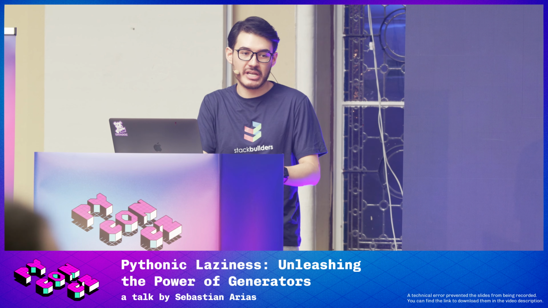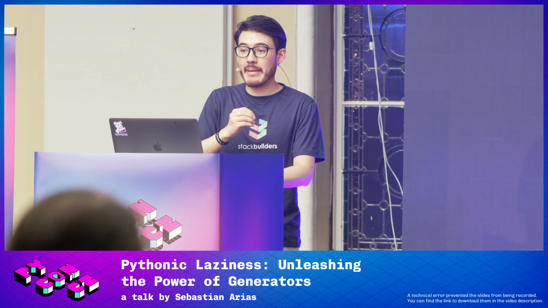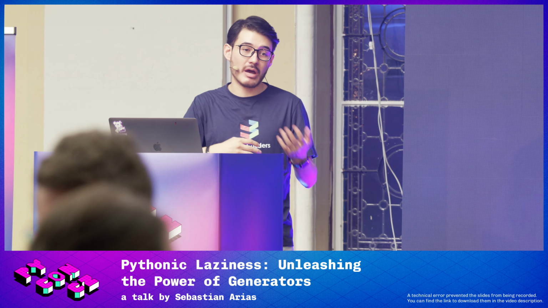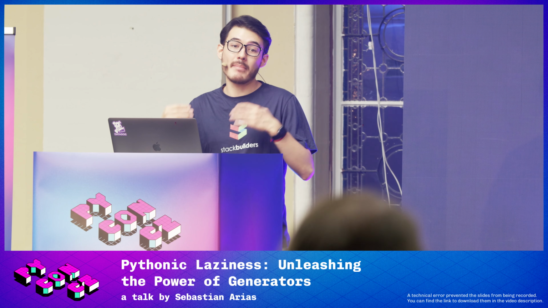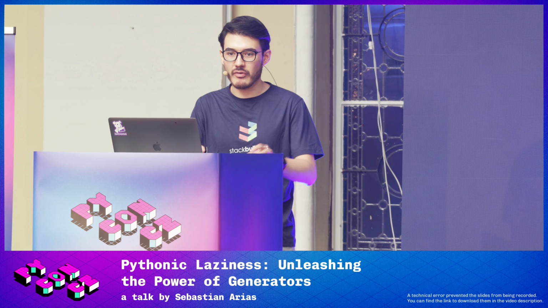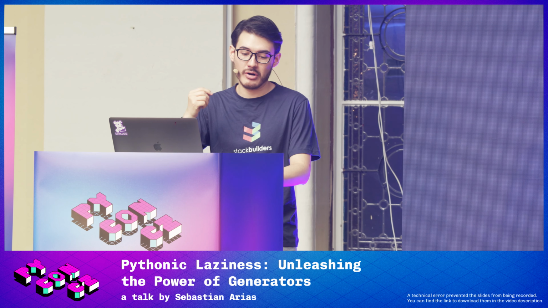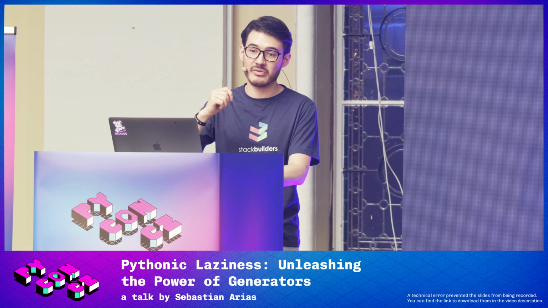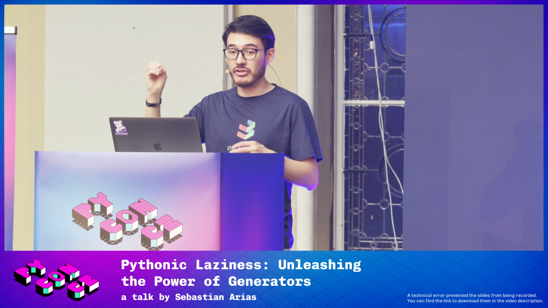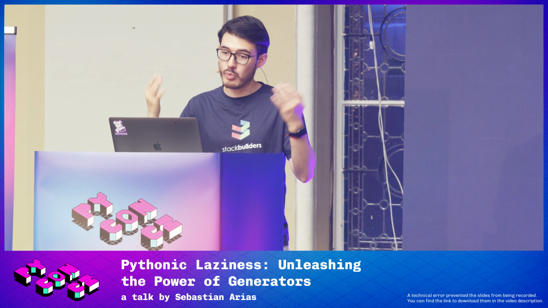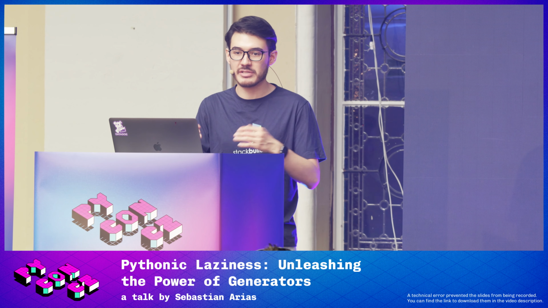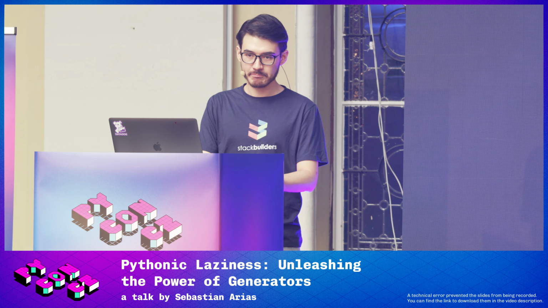That's why I'm saying that if we need to preserve these values in memory, maybe our use case is better suited for lists. But if we just need data generated at that time and not used later on, we can leverage generators. So it depends basically on our use case.